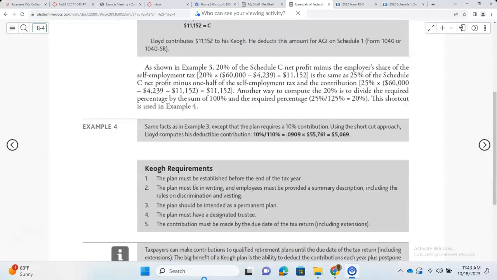Okay, what is a Q plan? Again, it's a retirement plan, made a little bit easier. The plan must be established before the end of the tax year. The plan must be in writing, and employees must be provided a summary description, including rules. The plan should be intended as a permanent plan and must have a designated trustee, like a financial institution or a bank.